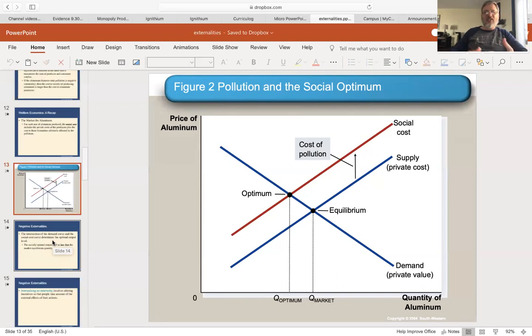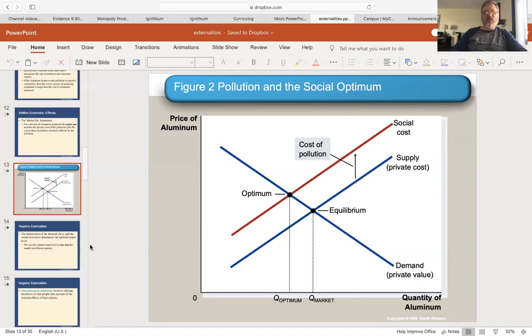And there are some strategies for what we call internalizing externalities, and that's part of what the government does. A lot of times the government will tax goods that generate external effects so that people participating in the transaction, the buyer and the seller, can see the tax and consider that when they can't see the cost on the third party directly. That's one way of correcting the externality problem.